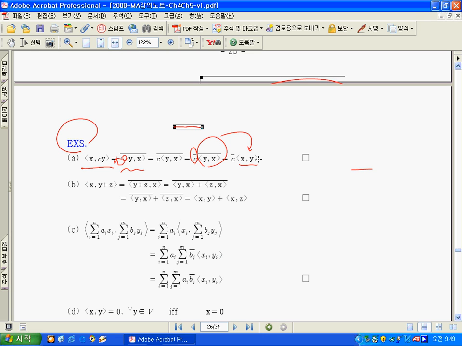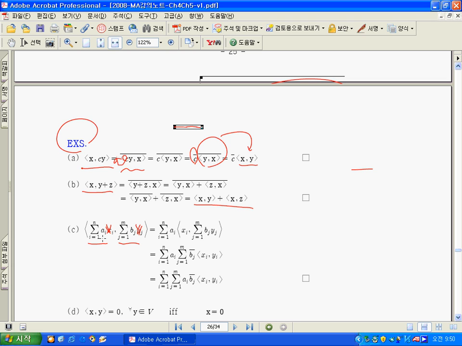Okay. And also for this, we can split it. If it's an inner product, we can also have the distributive property on the second component as well. Suppose we have a linear combination of vectors. These are vectors.